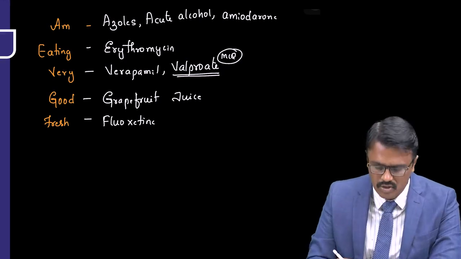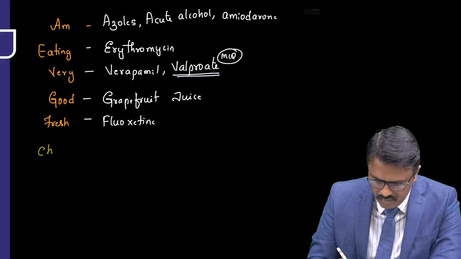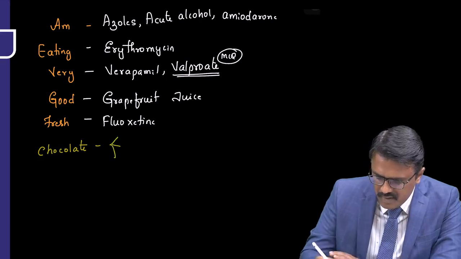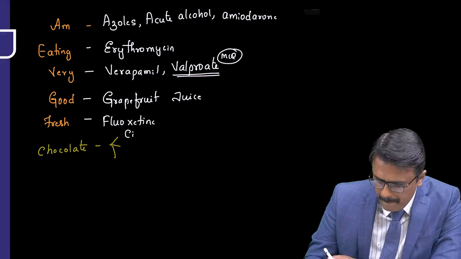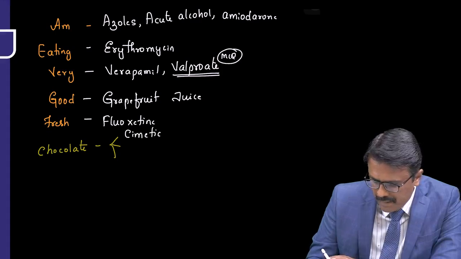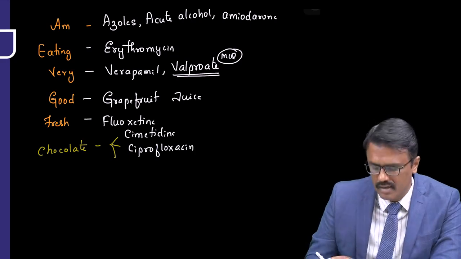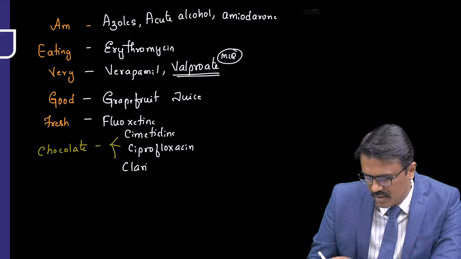What is the fresh one? Chocolate. In chocolate we have 3 C's. Cimetidine, then ciprofloxacin, I gave the example, ciprofloxacin and clarithromycin.